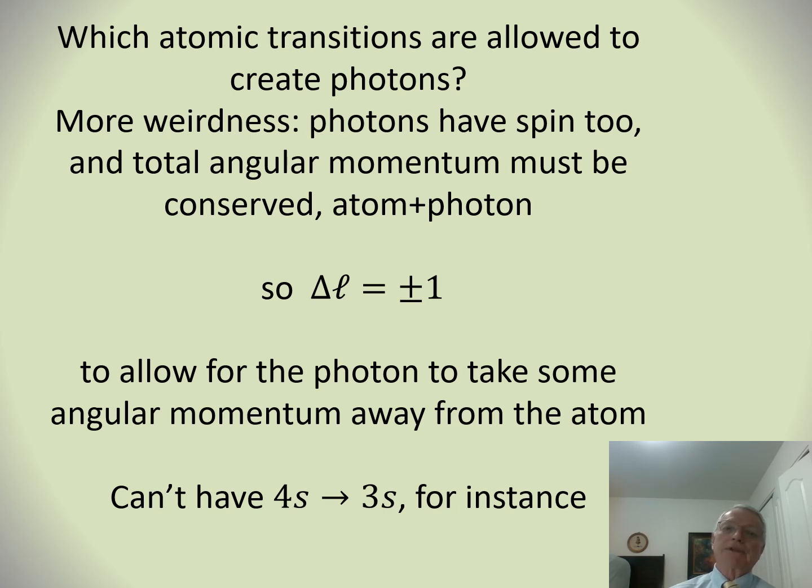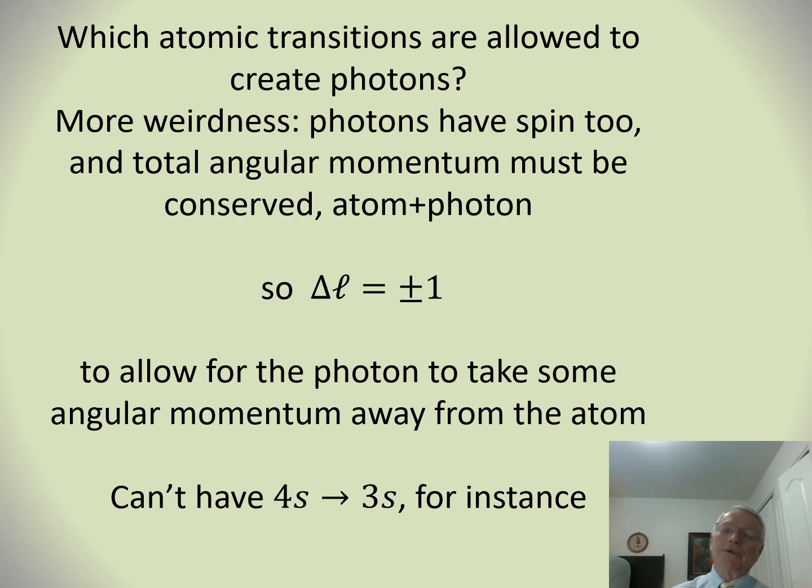That turns out not to be true because photons are spin 1. They have 1 unit of angular momentum. And so in order to conserve both energy and angular momentum, in the transition that your electron makes from high energy to low energy, the L has to change by either +1 or -1.